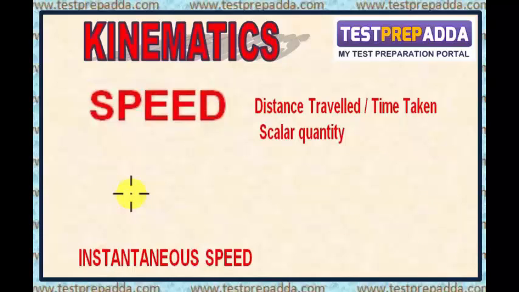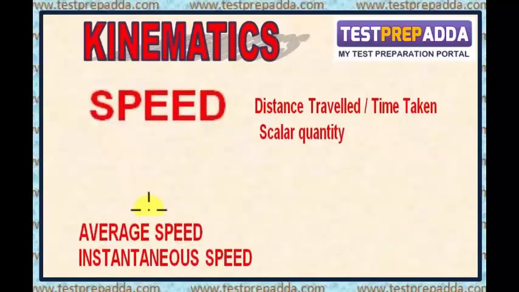This is called what? Instantaneous speed. But when he says on an average he drove the car with 50 km per hour, that is the average speed.